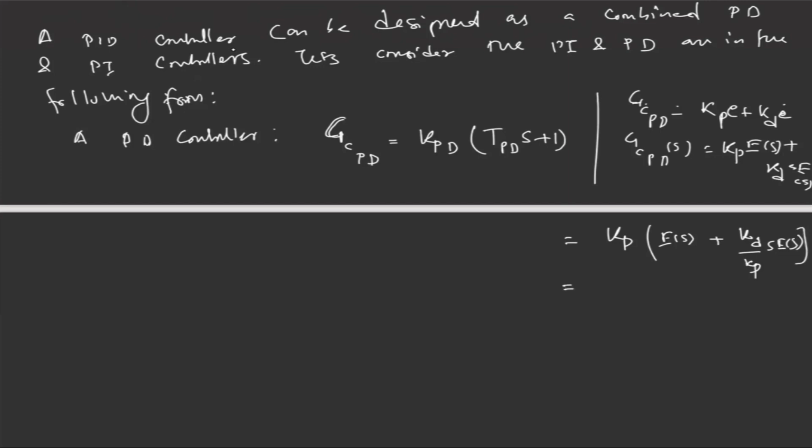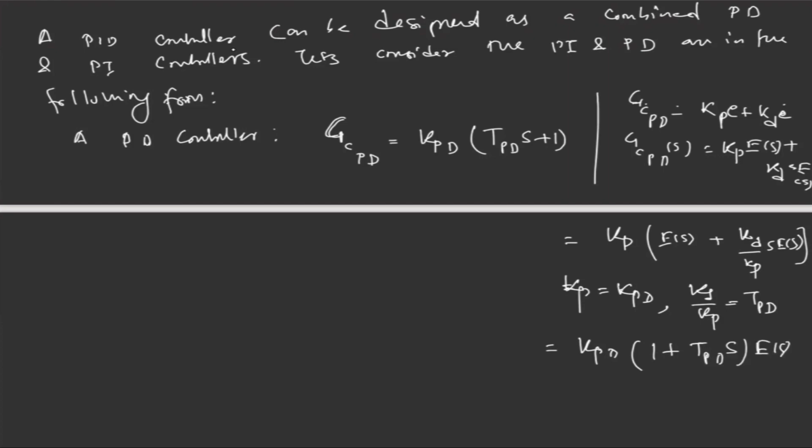And if you denote KP here as KPD and KD by KP as the time constant TPD, we can write the above expression as KPD into 1 plus TPD s into E(s).